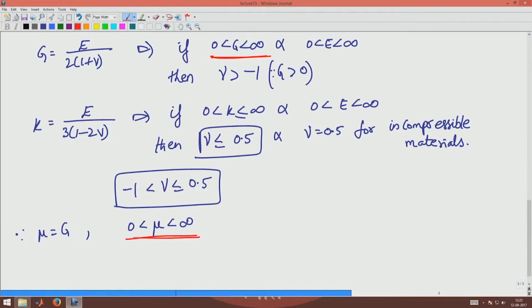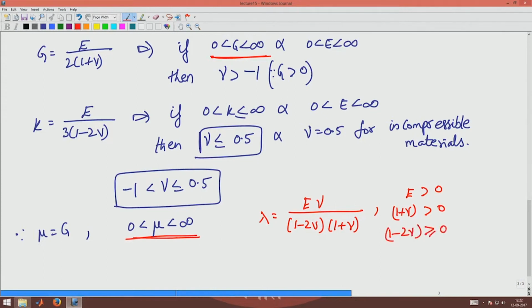Okay. Now, the other Lamé constant lambda is E times nu divided by 1 minus 2 nu into 1 plus nu. For the given range, you know that E is positive, 1 plus nu is positive, 1 minus 2 nu is greater than or equal to 0. Okay. Nu has range between minus 1 and 0.5.